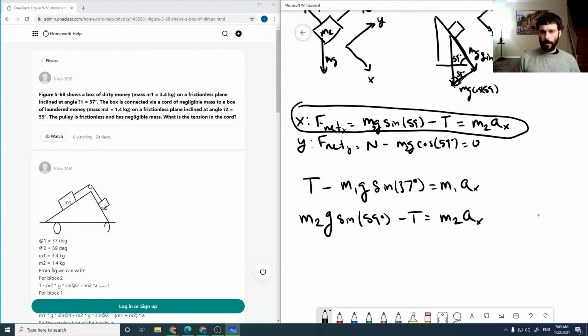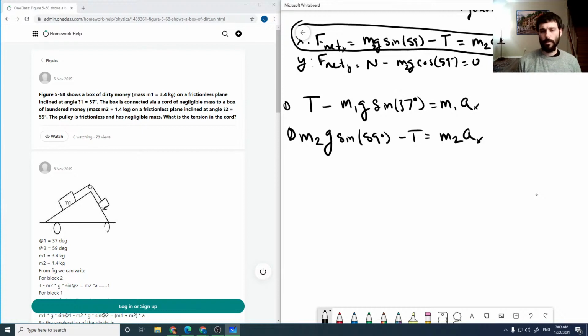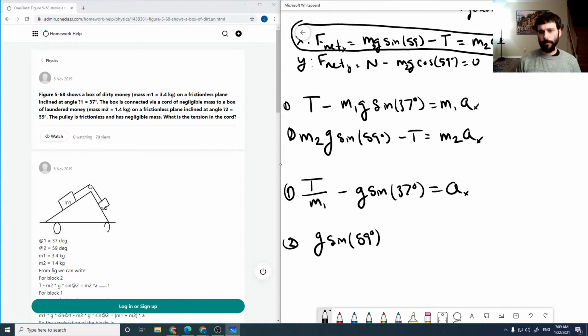So let's go ahead and divide out the masses in the two equations here. So our first equation becomes T over m1 minus g sine 37 degrees is equal to our acceleration x. And our second equation becomes g sine 59 degrees minus T over m2 equals our acceleration x.